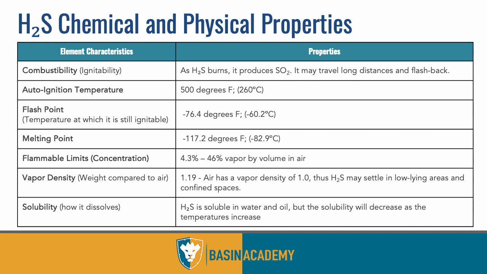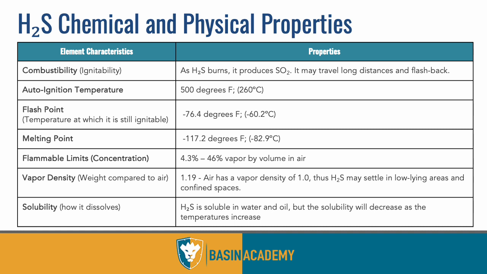It's still flammable at 3 times higher concentration than other normal gases. Vapor density, again, how dense it is, it's about 20% heavier than air, so that's 0.19. I'll give you 0.19, 0.20, whatever. Some people say 0.18. All we need to know is it's heavier than air, right? It's quite a bit heavier than air.